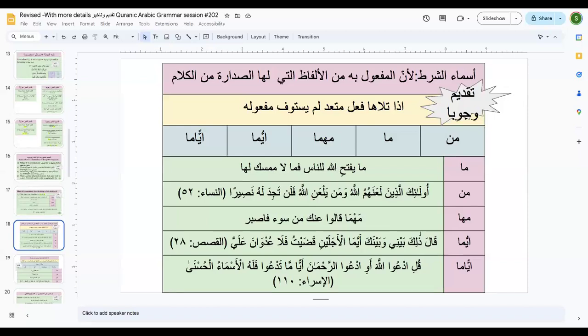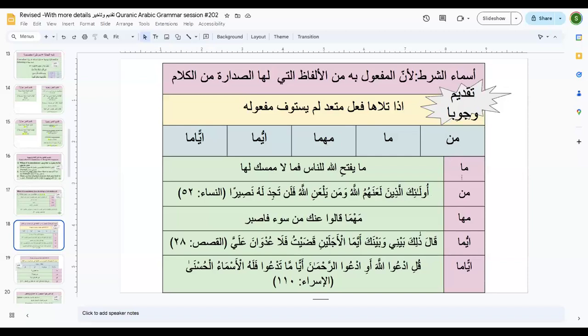So when it does not have its mudaf ilayhi mentioned, in that case it will be with tanween. And when it has mudaf ilayhi after it, in that case it's going to be light. It's going to be ghair munawwan. So we are going to look at it just now, okay? So man, ma, mahma, ayyuma, and ayyama.